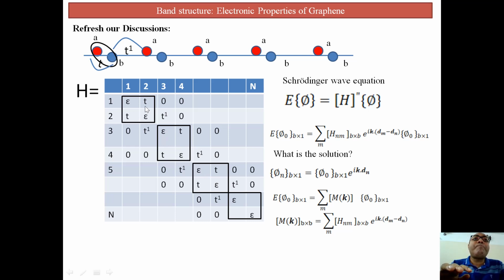That means if you have 3 basis functions, we need a 3 by 3 matrix. If you have B basis functions, you have a B by B matrix. And this B by B matrix is repeated. How many times do we need to repeat it? We need to repeat it n times. So that is actually an NB by NB matrix.